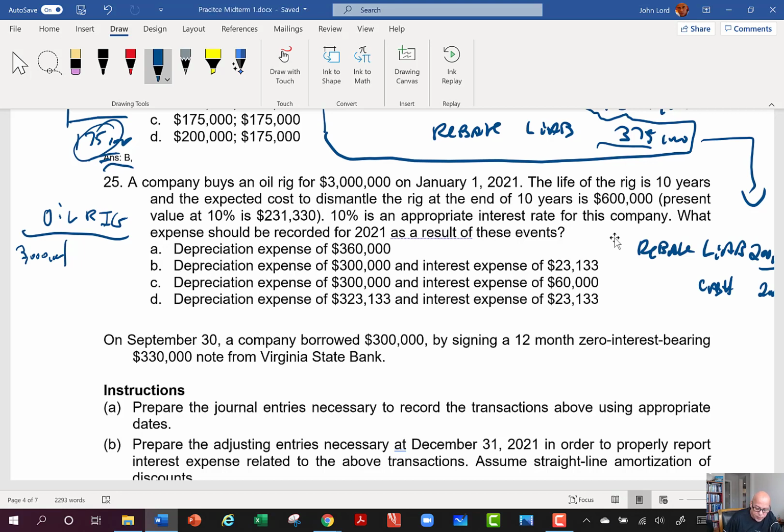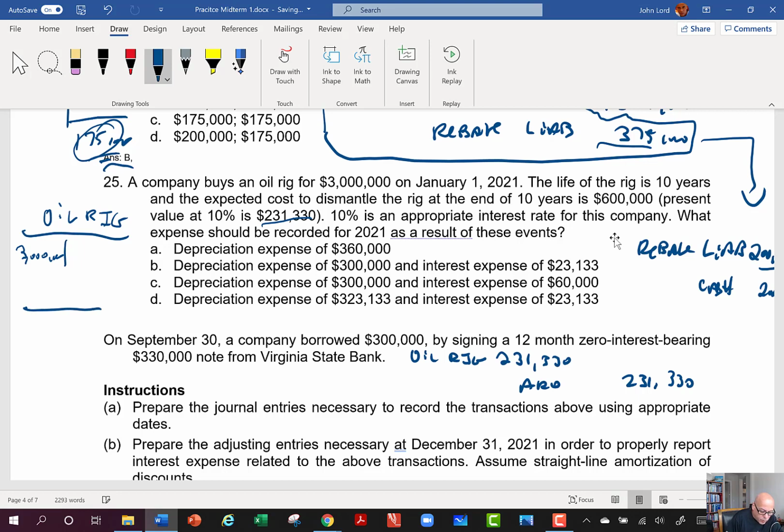We're going to debit the oil rig for the present value. We use present value here, $231,330. And we're going to credit the asset retirement obligation account, $231,330.